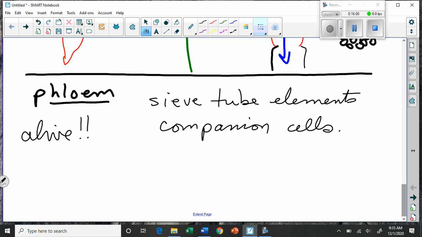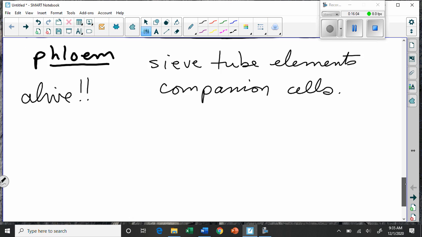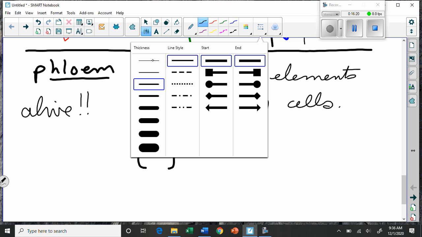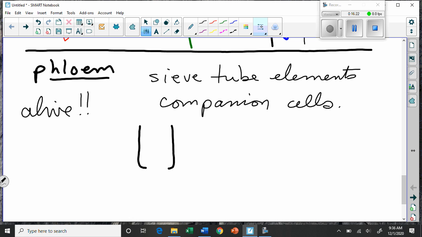So what happens here, they do form tubes, kind of like the xylem. So they form a sort of a tube. But at the bottom, instead of a big hole that opens up, if you were to look at this sort of on the inside and see how the round part would look, there are all these little holes in it.